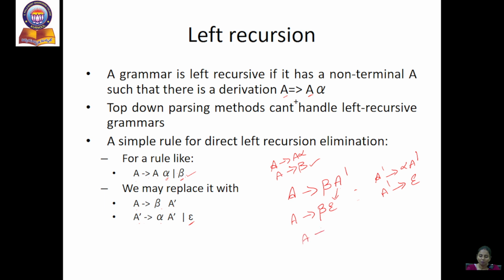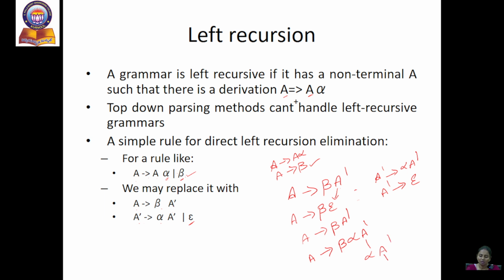Suppose A dash is replaced with epsilon, or alpha A dash. So in the place of A dash, I replace beta, and in the place of A dash, I replace alpha A dash.